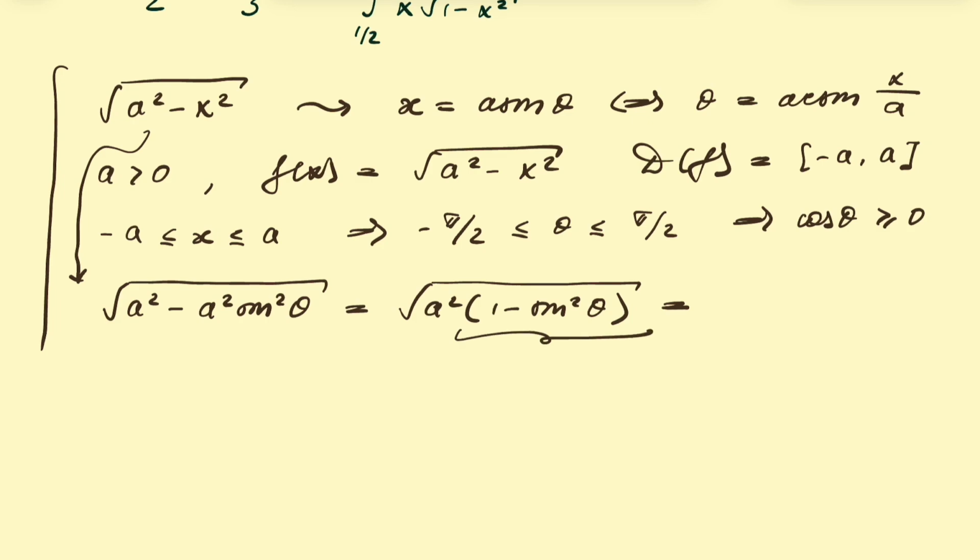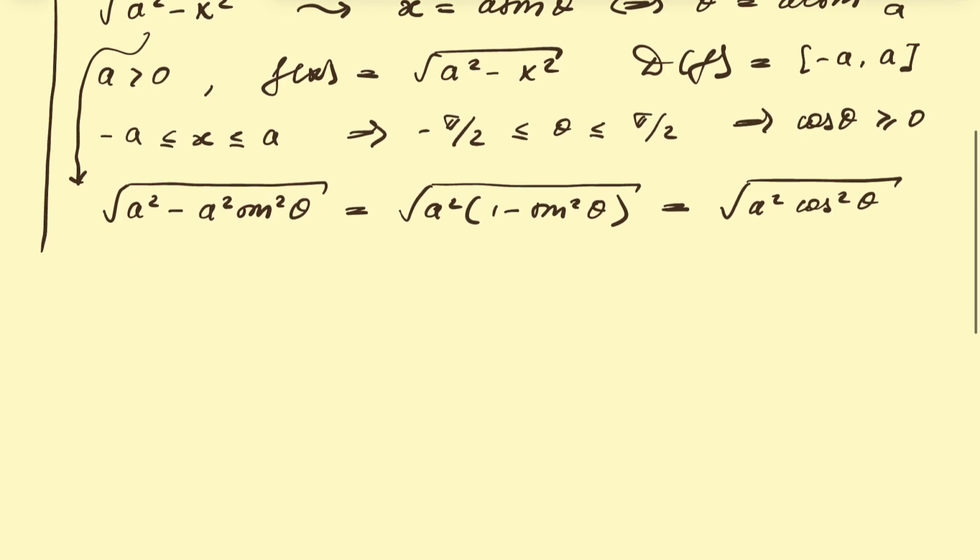And this expression is a squared cosine squared of theta, because sine squared theta plus cosine squared theta is 1. It's a famous identity.